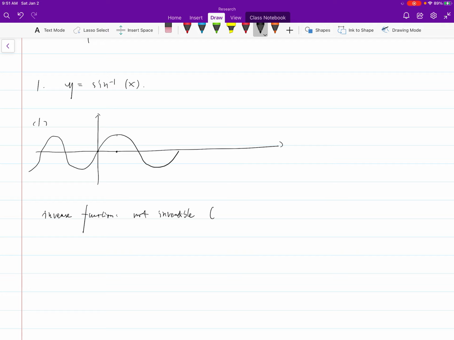From here you can see it's not doable. Why? The reason is because this one does not pass the horizontal line test. What we mean is, if you have a function you want to find the inverse, you have to draw a horizontal line and make sure that this function intersects this horizontal line at only one point.